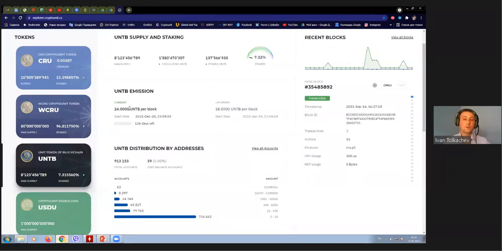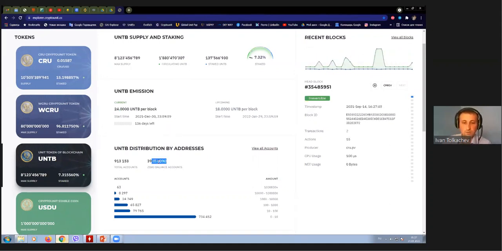So around 40% will go to the node holders, 40% will go as a reward for staking, and 20% will stay with the blockchain for different technical purposes. So while you still have the chance, I suggest you do stake your CRUs and WCRUs to receive UNTBs while you can get the maximum benefit from it.